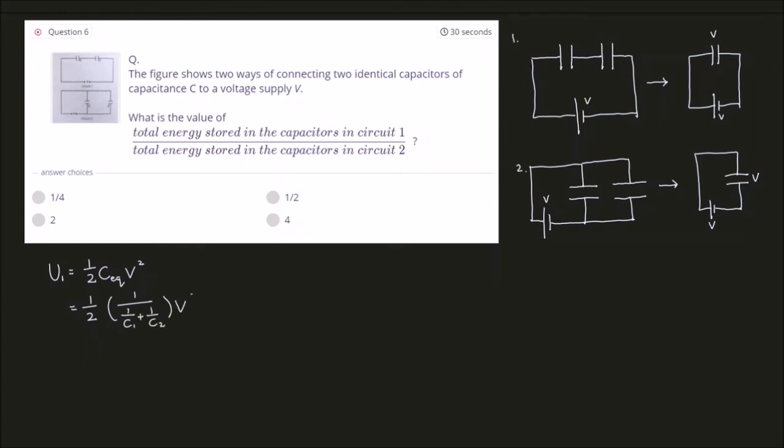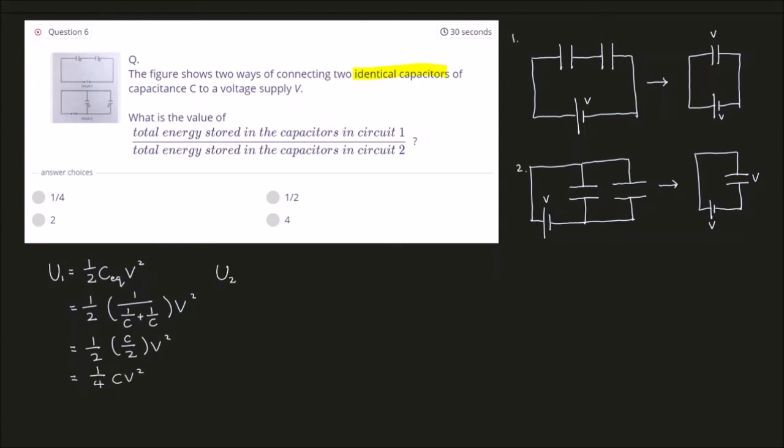We know that C1 and C2 are identical, based on the statement here, so we can revise our equation to 1 over C plus 1 over C. With a bit of manipulation, you'll find that this is just equal to C over 2, times V squared. So now you arrive at 1 over 4 CV squared.